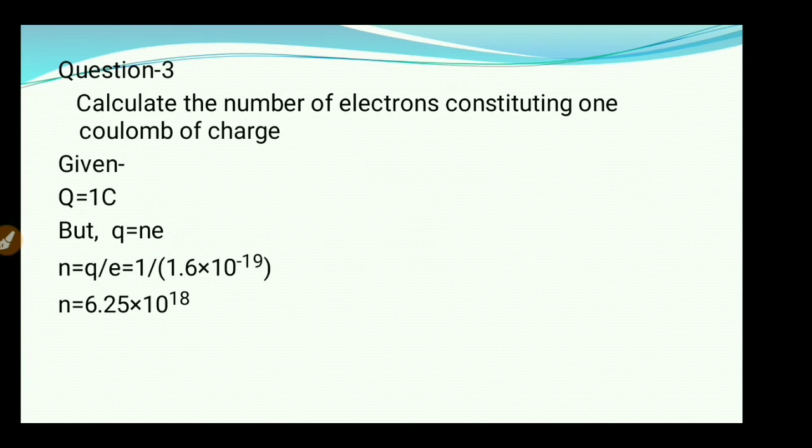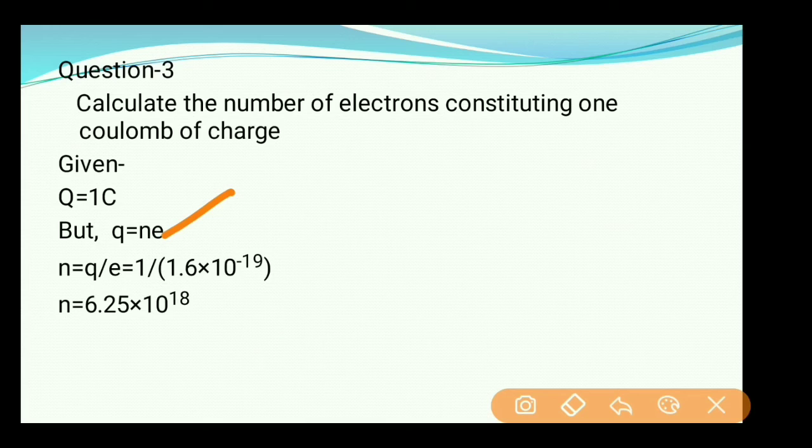Now the third question is based upon the quantization of charge. Calculate the number of electrons constituting 1 coulomb of charge. Here you can see that the value of the charge is given as 1 coulomb and you know the formula Q is equal to N E, which is the quantization condition of charge.